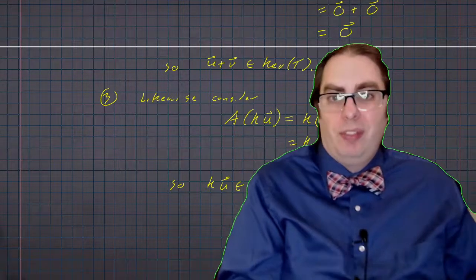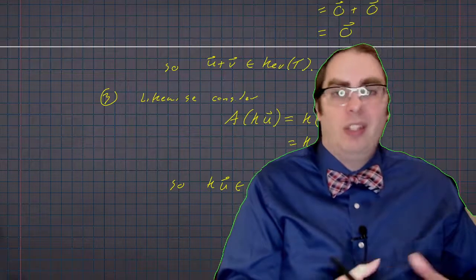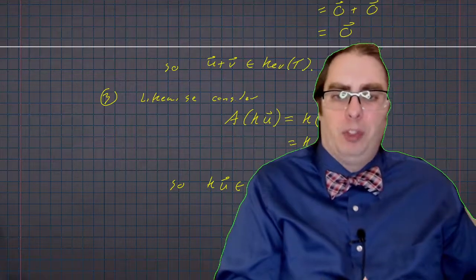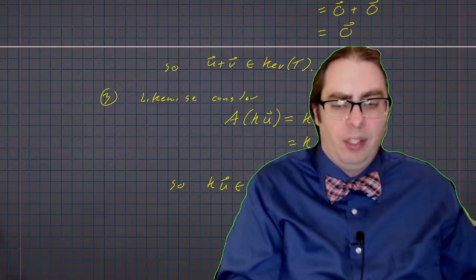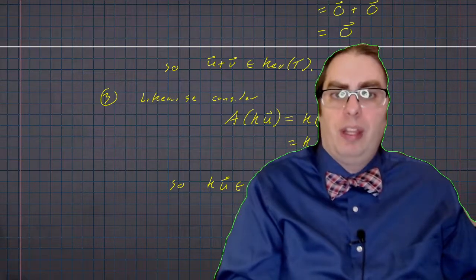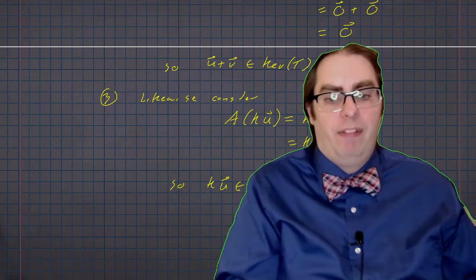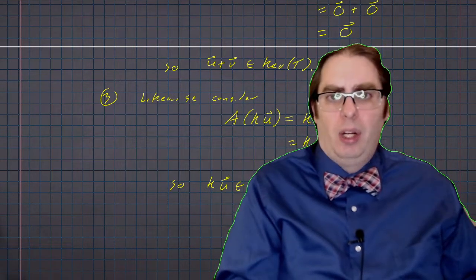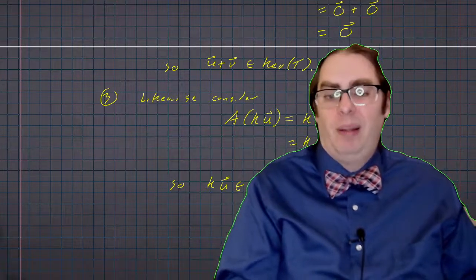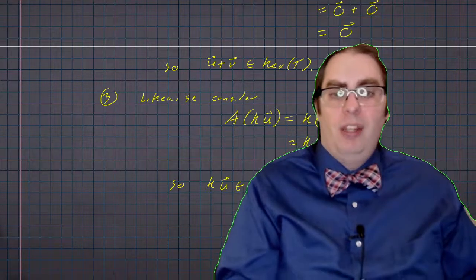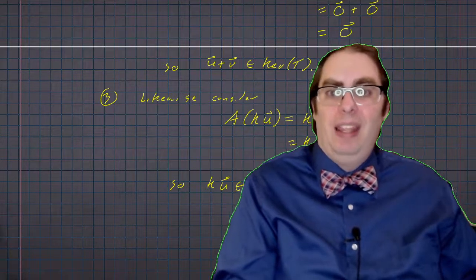For some matrix A, the kernel of that matrix turns out to be a very important vector space. It's going to be very valuable to us in several of the things that we're looking at. So don't be surprised when this comes up frequently as a way to build out a vector space. There are two common ways of building a vector subspace. This is the first one. In the next video, we'll take a look at the other one.